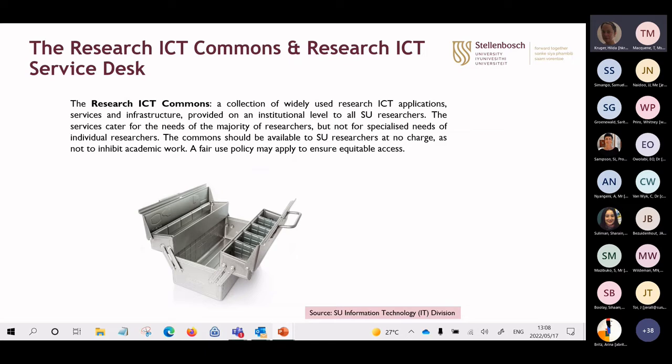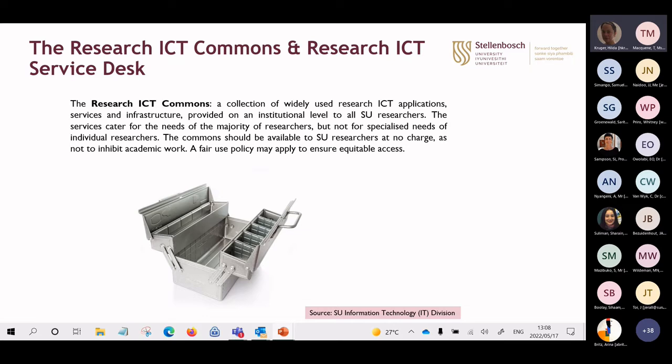So what we are working towards, and if I say we, it's the IT division in collaboration with all of the research support divisions and also in collaboration with individual researchers and research groups, is to grow what we call a research ICT Commons. So that is a collection of infrastructure, of applications, of software, of platforms that will meet the requirements of the majority of our researchers.